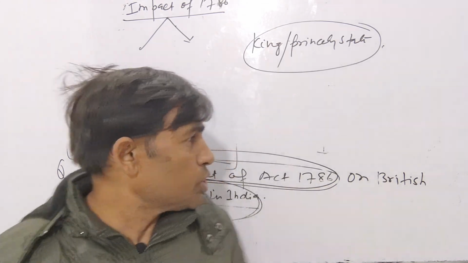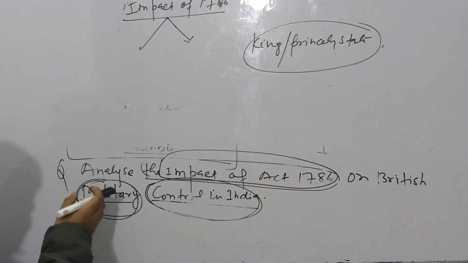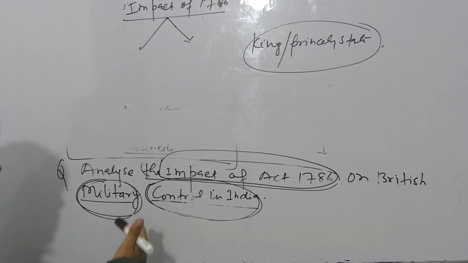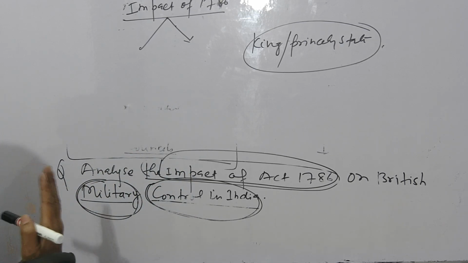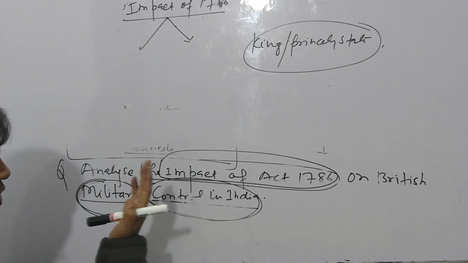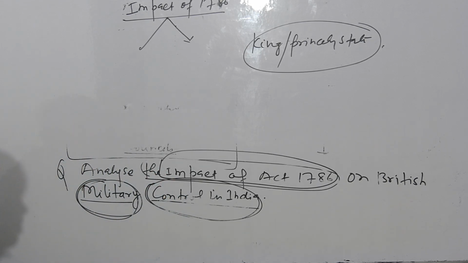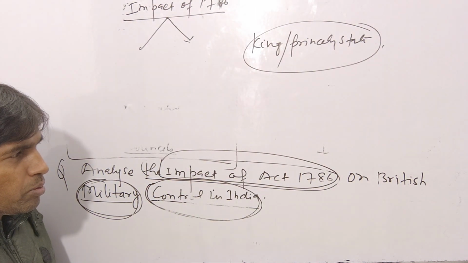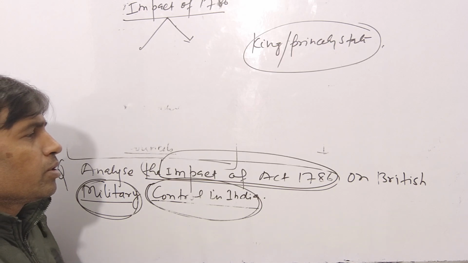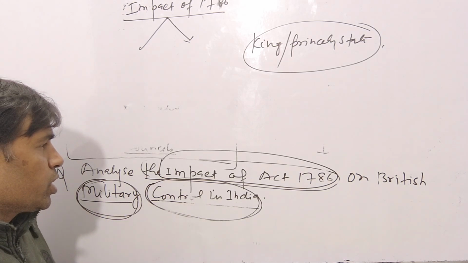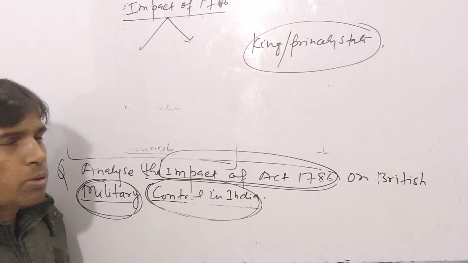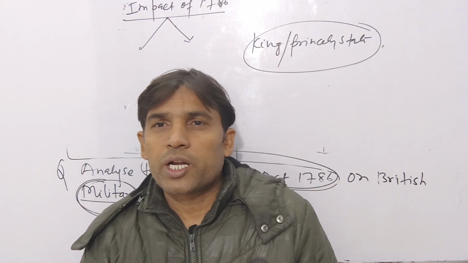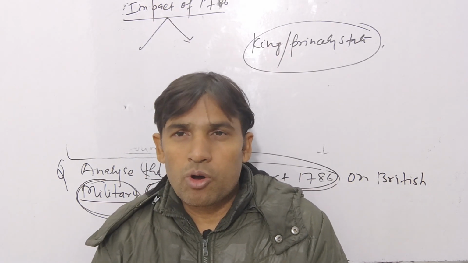This question could be answered with three or four points. The impact of the Act of 1786: it helped in military strengthening, later permanent settlements, then subsidiary alliances, and we can also say how the military began to work to enhance British power. So that is all for the question. Lord Cornwallis was somehow responsible for the militarization of India, more or less.